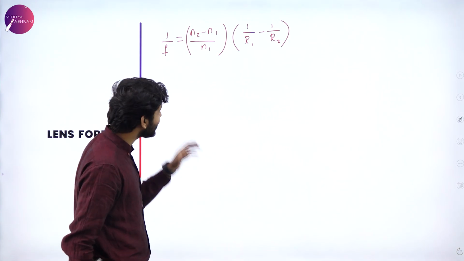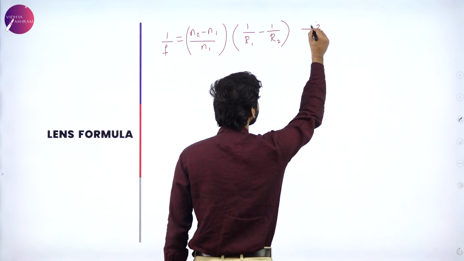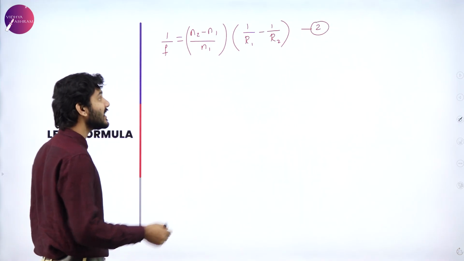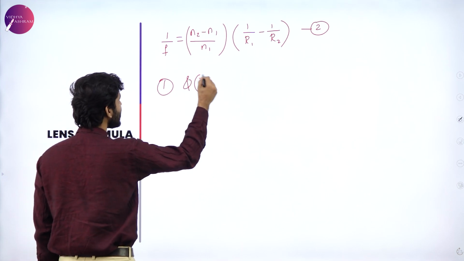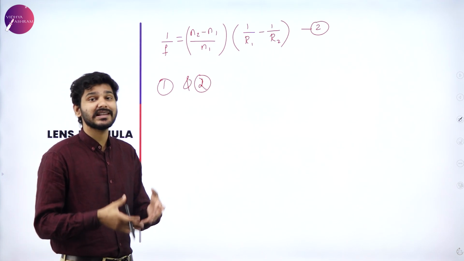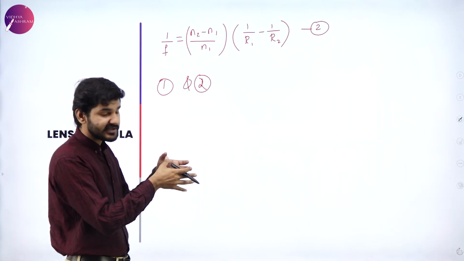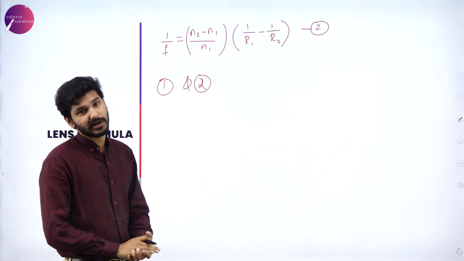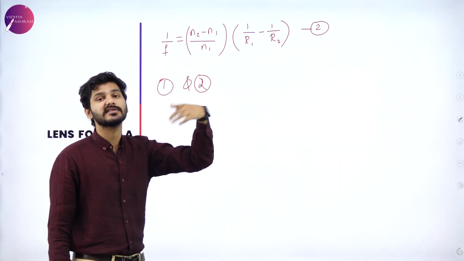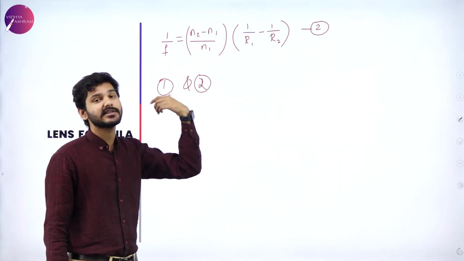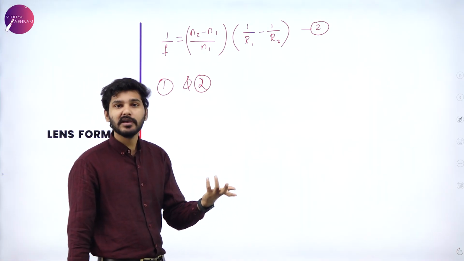So we can say that this will be the final output. If we name this as equation number 2, then we can compare equation number 1 and 2. Equation number 1 is the original lens formula. When compared with this equation, the right hand side of both equations are the same and the left hand side is the only factor that is differing, because V became f and U became infinity.